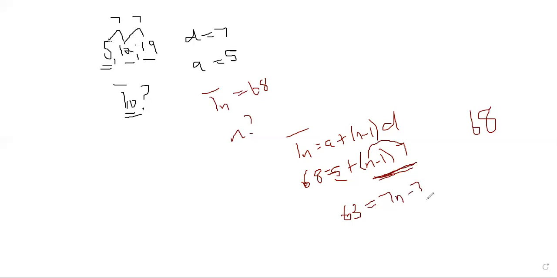Then you take this negative 7 to the other side, so 63 plus 7 gives you 70, equal to 7n. Then you divide by 7, and n is equal to 10. You're done. Don't complicate things. I hope that makes sense. And then from there, let me give you an example of geometric, to show you how they differ. Let's assume that you're given something of this nature.